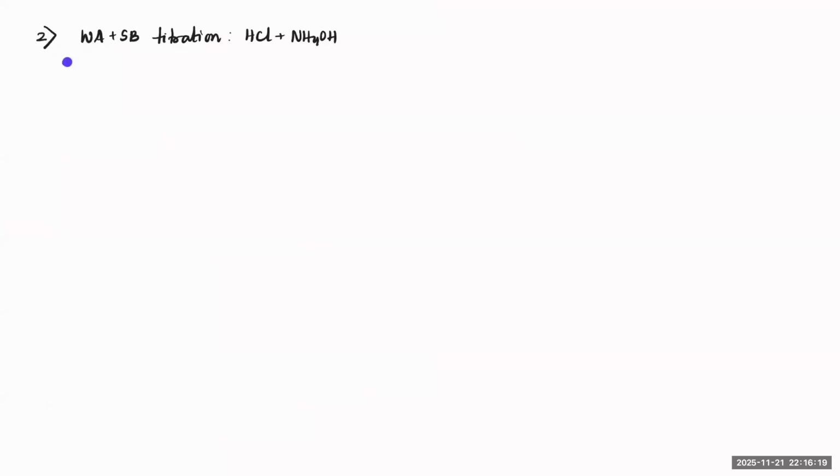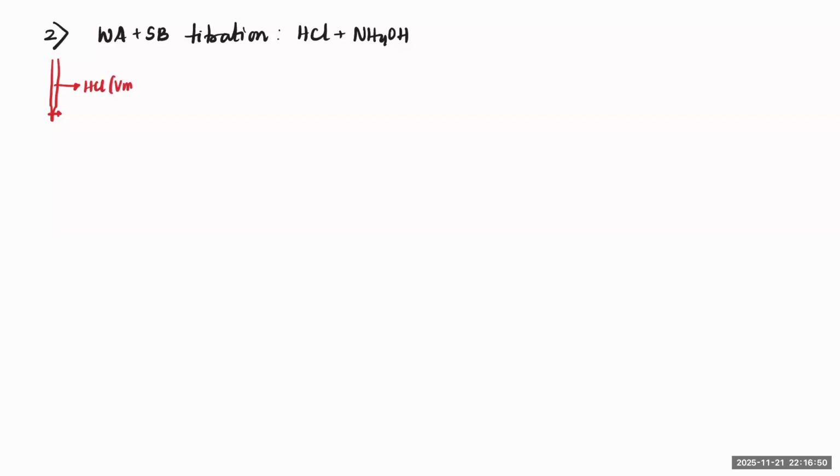Next case is about weak acid, strong base titration. Now, this is an important case. If you have a weak acid, strong base titration, I took for an example HCl as a weak acid, NH4OH as a strong base. Got it? The titration setup is the same. That means in the burette, as the titrant, we are using HCl now, V ml volume of 0.1 molar.